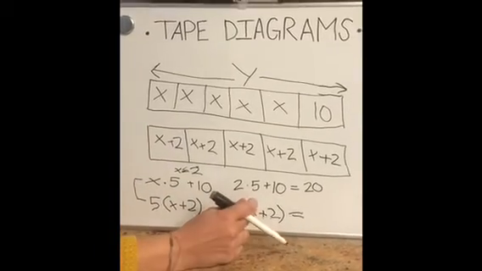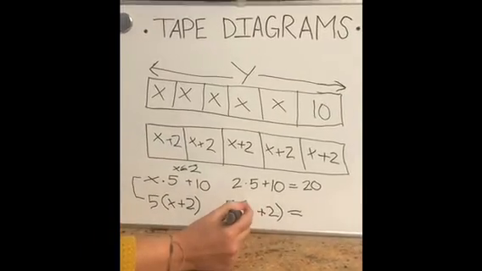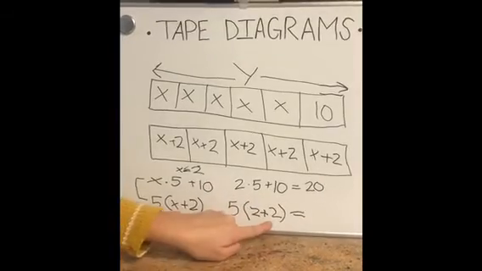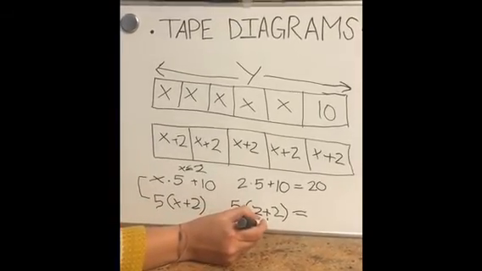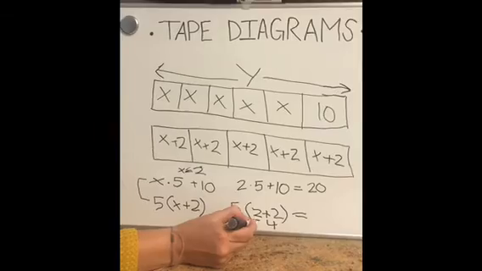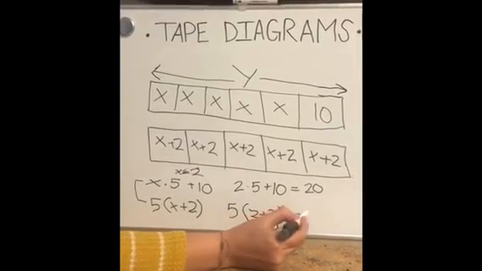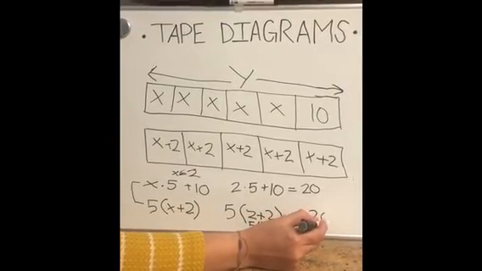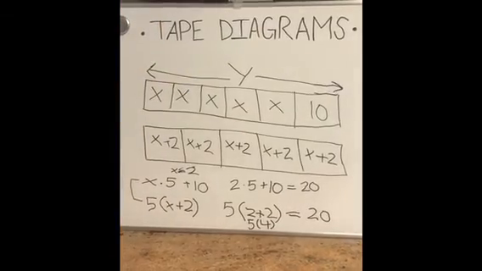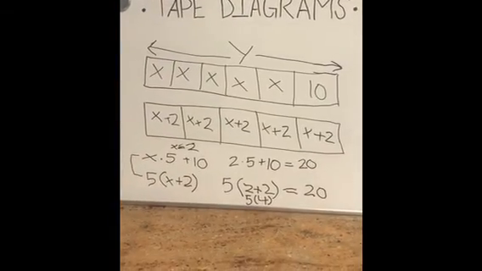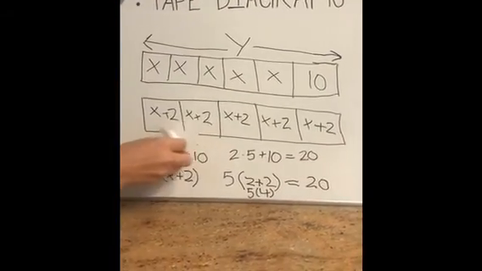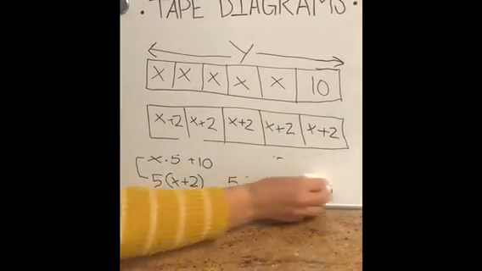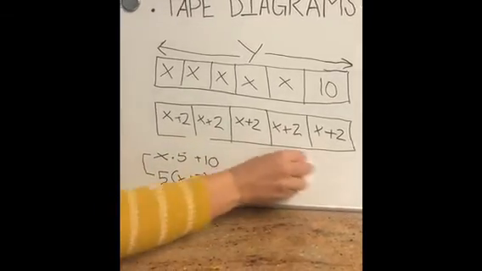First things first, we need to do what's inside the parentheses. So 2 plus 2 is 4. 5 times 4 is 20. Okay? And these equations will work for any number that you plug in for x.